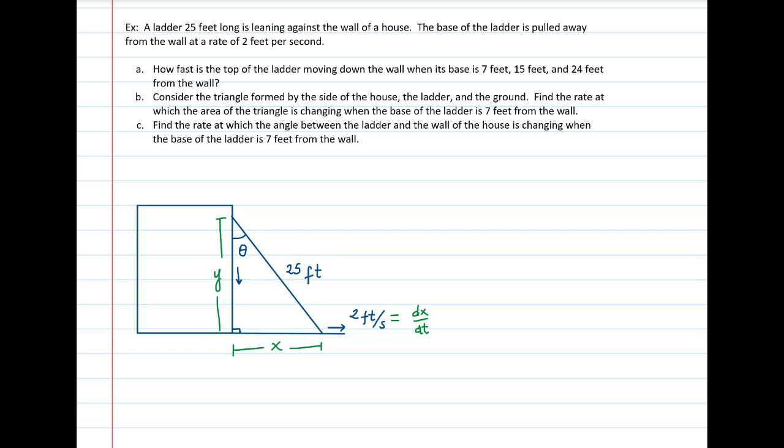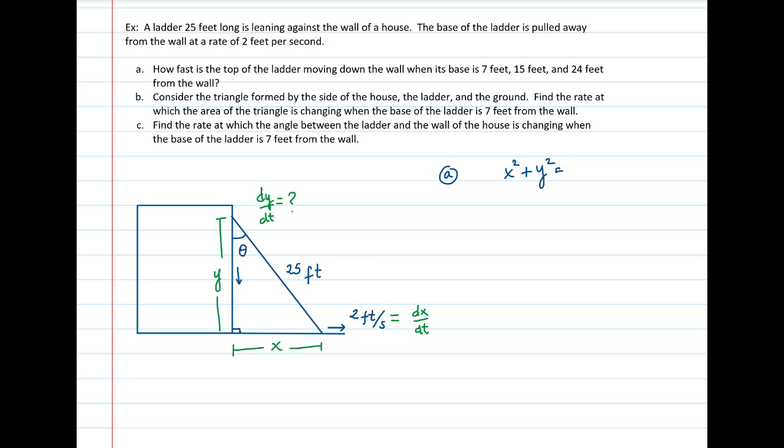And this 2 feet per second happens to be dx/dt, since I'm calling this side x, that's the rate at which this side is changing. And dy/dt is the rate of change for the other side, and we don't know that. That's what we want to find for part A.